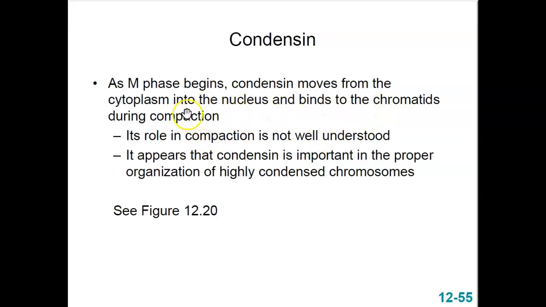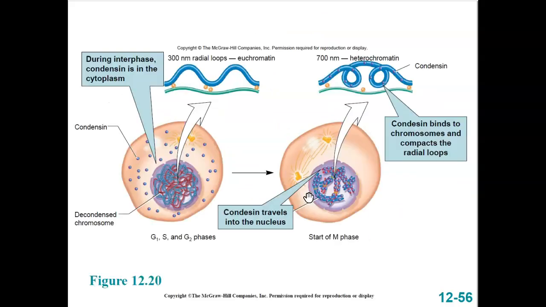Well, not bringing them together, they bring together homologous chromosomes. But they bind to the chromatids during compaction. How it wraps around, we still don't exactly know how that works. But it seems that without condensin, the chromatids don't organize and condense appropriately.